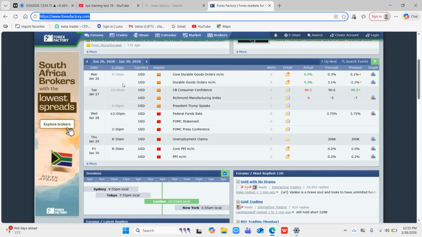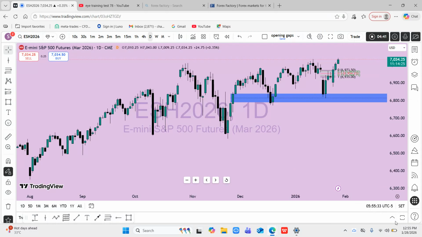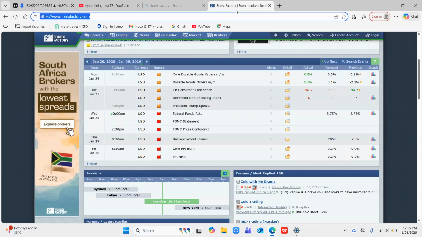Now, everything happened from Monday until Tuesday. Right now we are on Wednesday, and the time is 5. We still have high impact news happening later today. Everything is about time, so time is the first element.